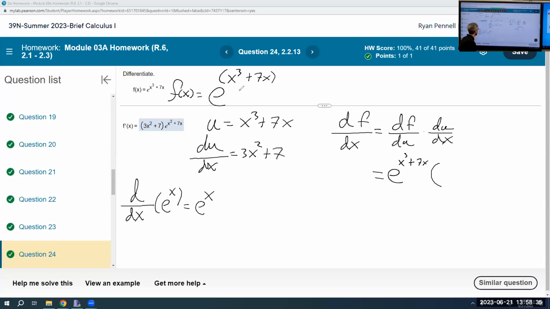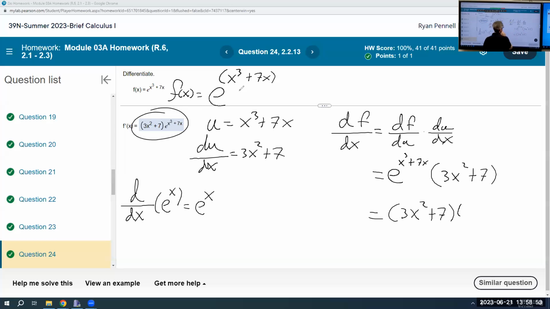Times the derivative of u, which is 3x squared plus 7. I think the computer would agree either order, but I know that it agrees with this, so I'm going to rewrite it. So I use chain rule there.